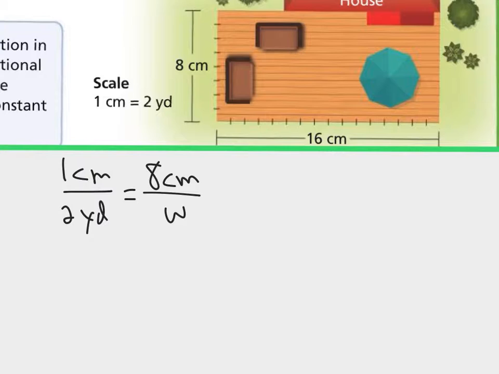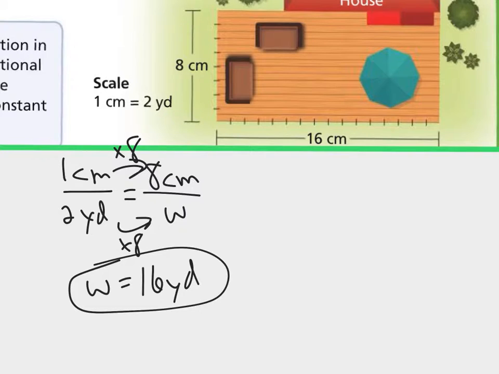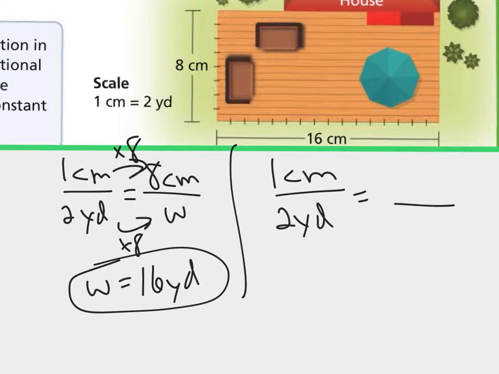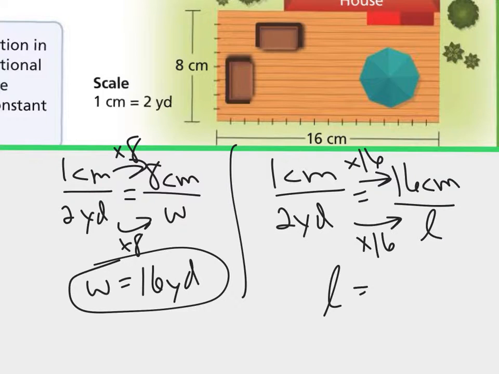For the width on the drawing, it's 8 centimeters, so this would just be multiplying by 8, which would give us a width of 16 yards. Then we can do the same thing for the length. Just start with the scale they give you. This is 16 centimeters, and we're trying to find the length, so this would be multiplying by 16. 2 times 16 is 32, so that would be 32 yards.